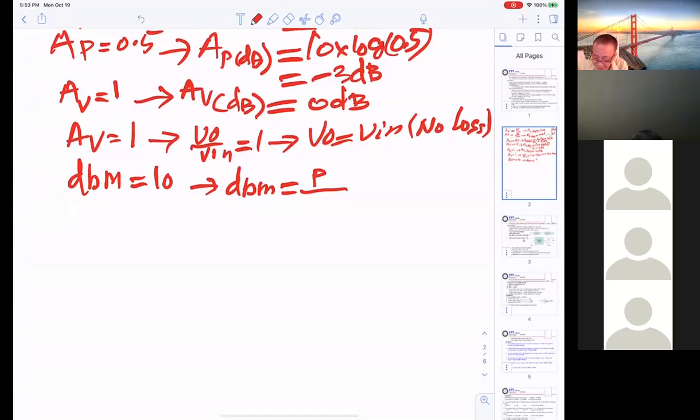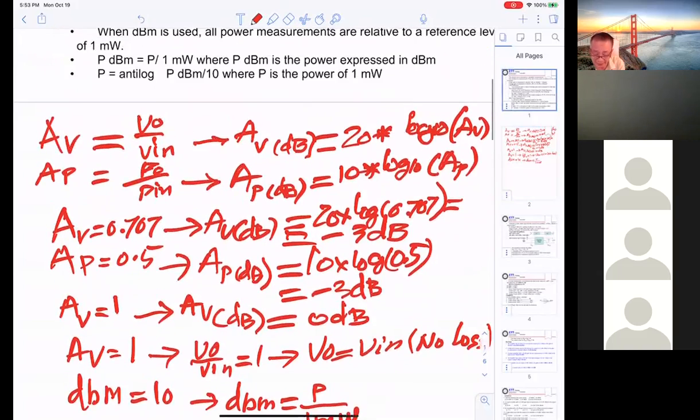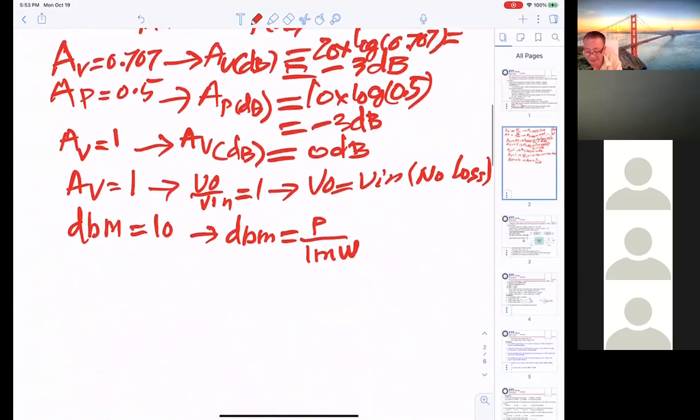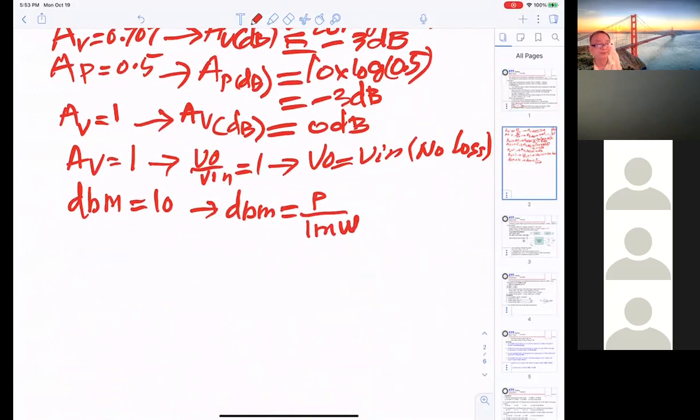You can see right here. Okay. Now, what is P?